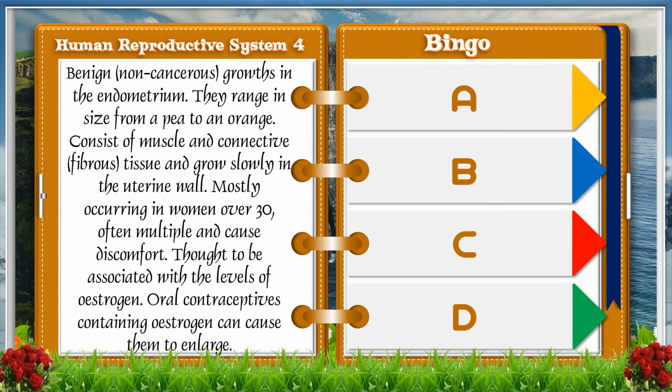Consists of muscle and connective fibrous tissue and grows slowly in the uterine wall, mostly occurring in women over 30, often multiple, and cause discomfort, thought to be associated with the level of oestrogen. All contraceptives containing oestrogen can cause them to enlarge.